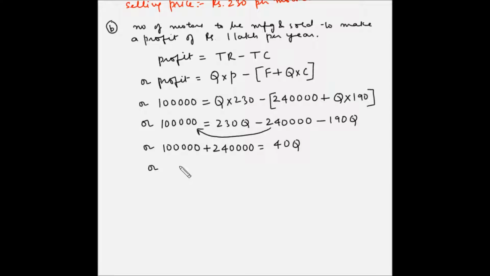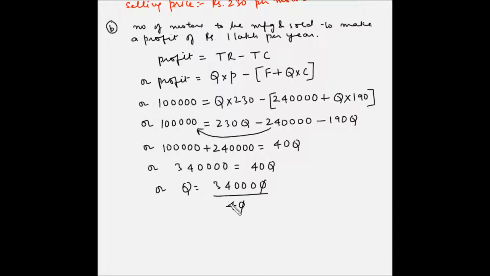So this becomes 3.4 lakhs is equal to 40Q, or Q is equal to 3.4 lakhs divided by 40.